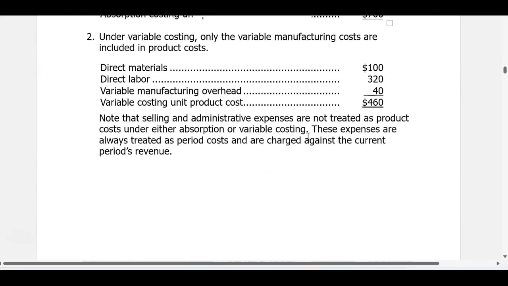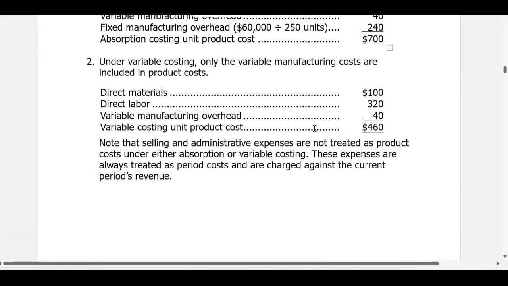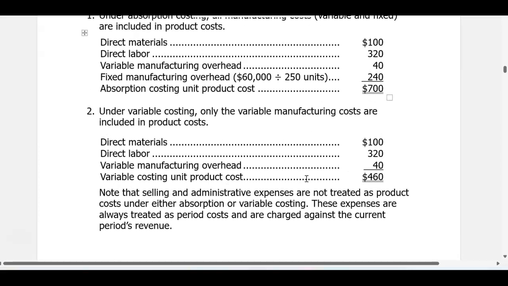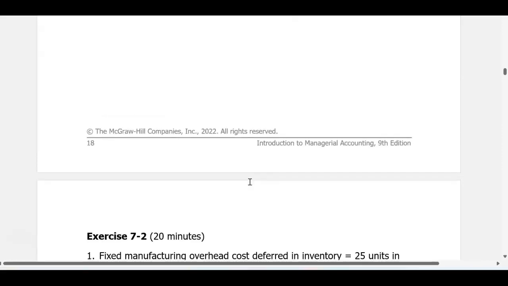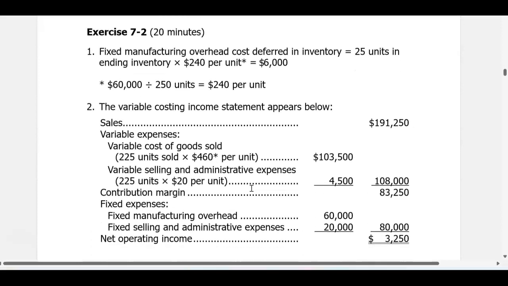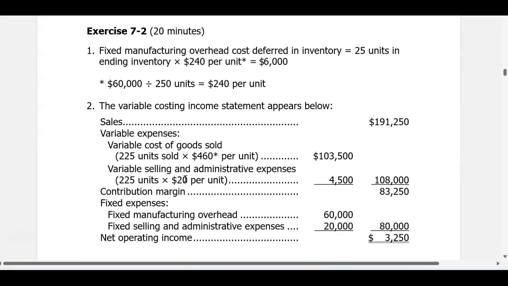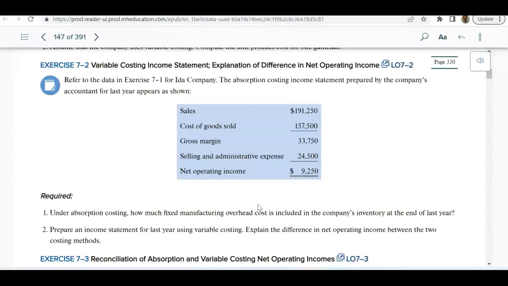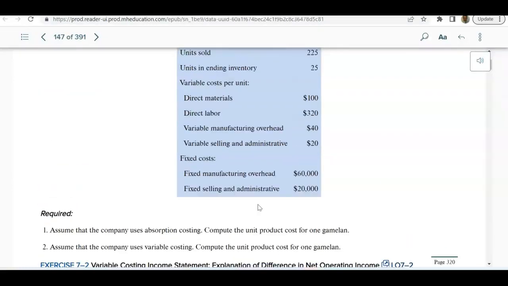I think that was here, right there. Where is it? Variable selling administrative expense, $20 per unit is somewhere here. Here. You see that? Right there.